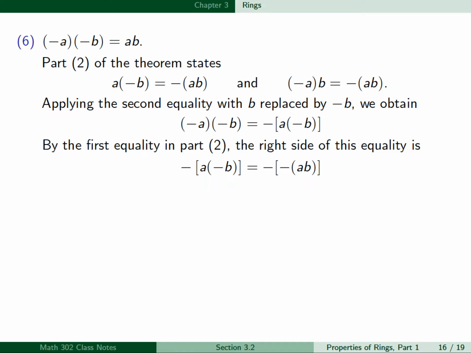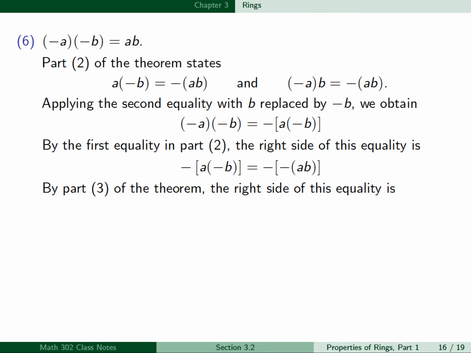So that's just replacing the a times minus b in the brackets with minus the quantity ab. Now by part 3 of the theorem, the right side of this last equality, minus minus ab, is just ab.